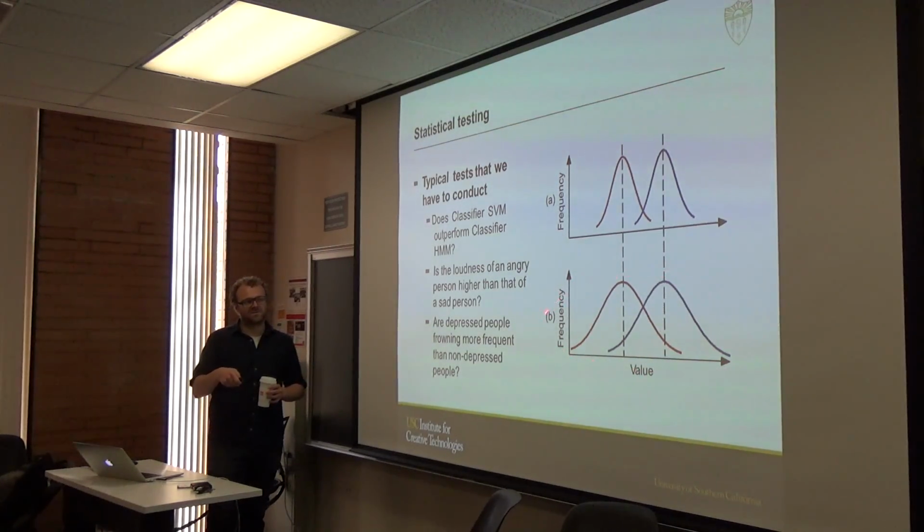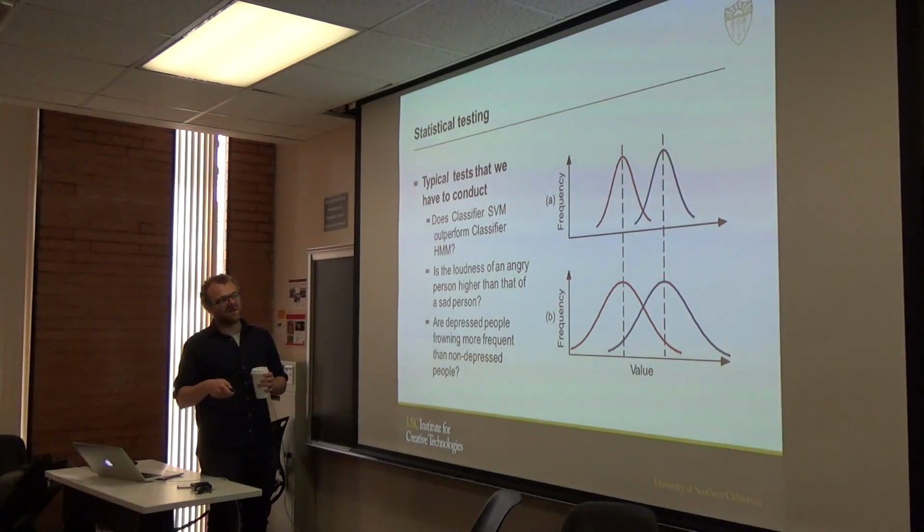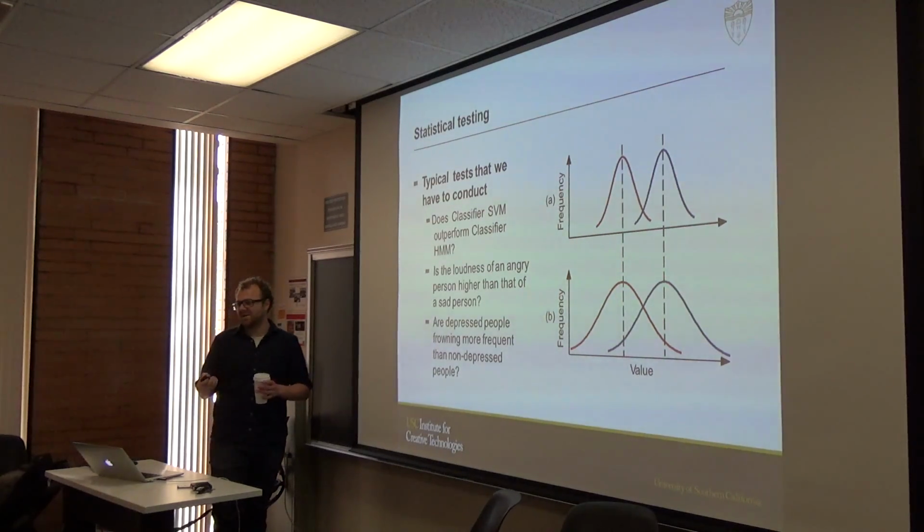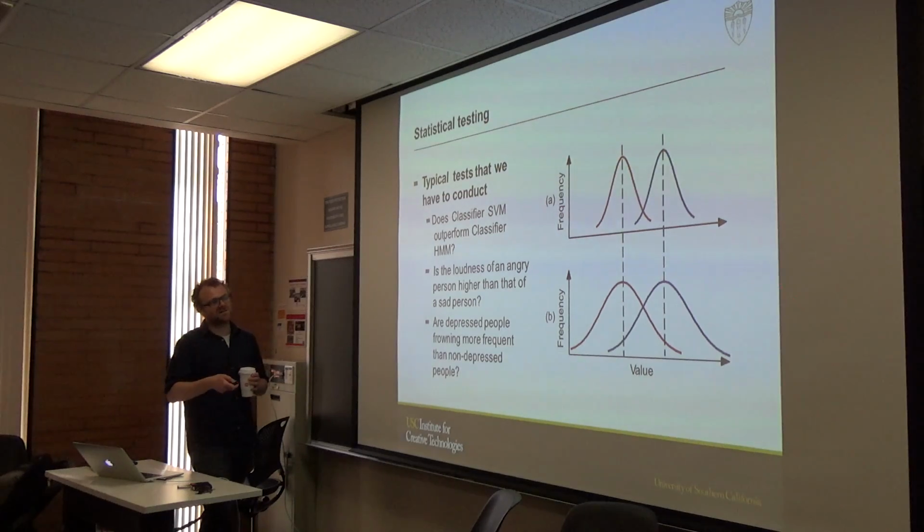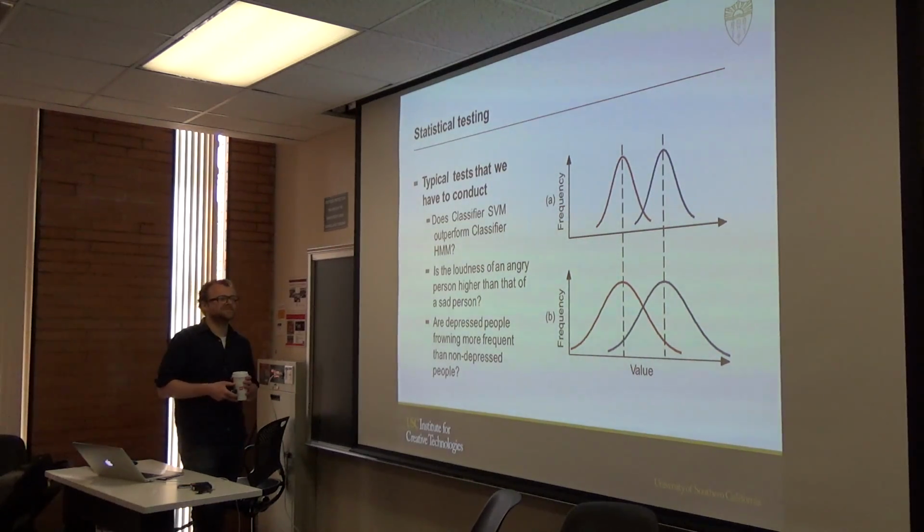If you have an observation as such, you're not able to say that. You're like, okay, well, on average, maybe SVM is better than HMM, but it's not significant, right? So there's no statistical test that supports your finding.